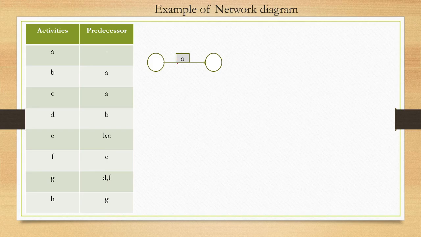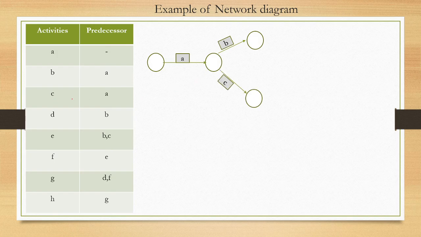First of all we will draw activity A. Since there is no predecessor, this is a starting activity. Second is activity B, with predecessor A. So this is B with predecessor A.